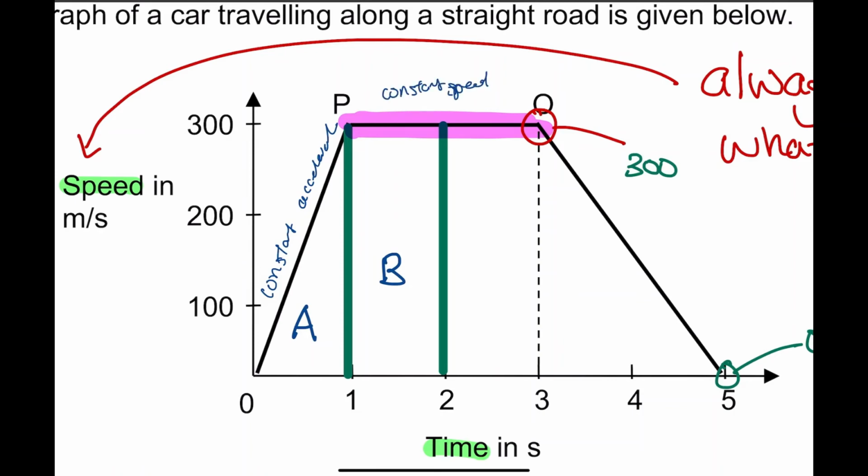Sorry for my handwriting. And for the last portion down here, going downwards, we know that the gradient is negative, so this portion down here is a constant deceleration.